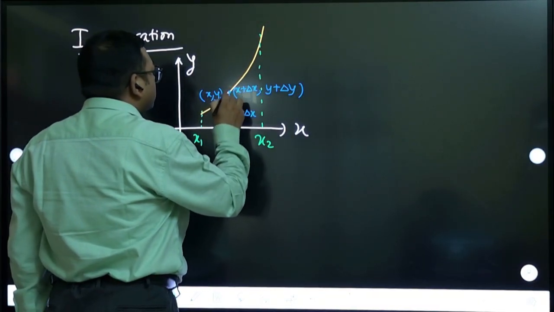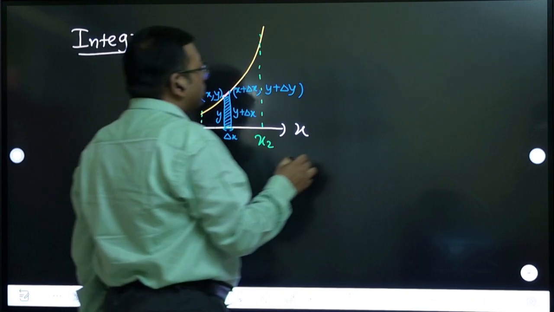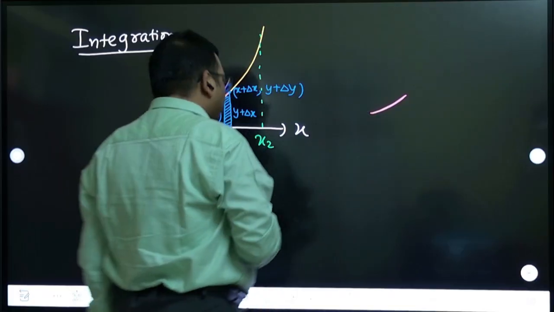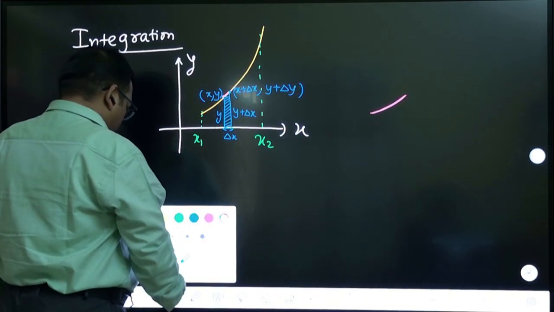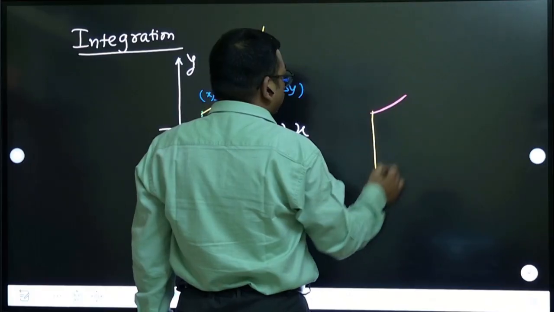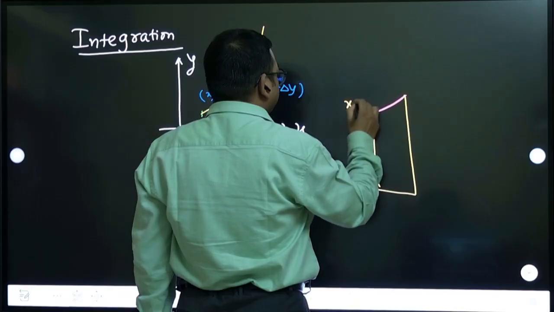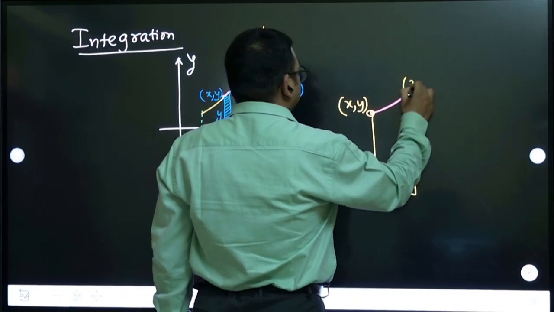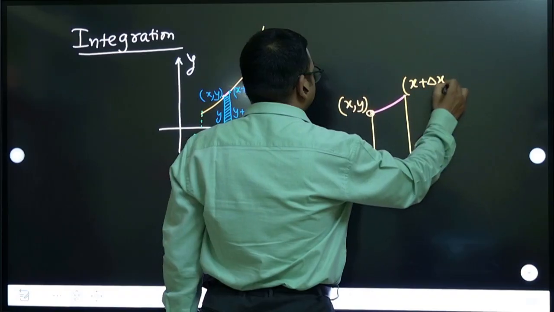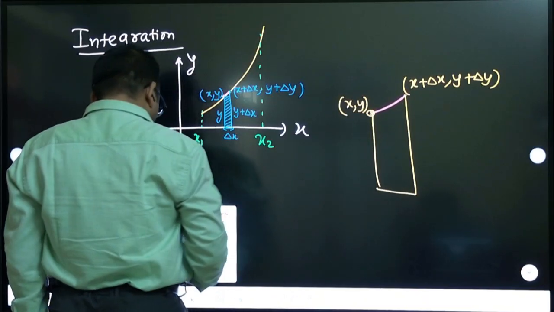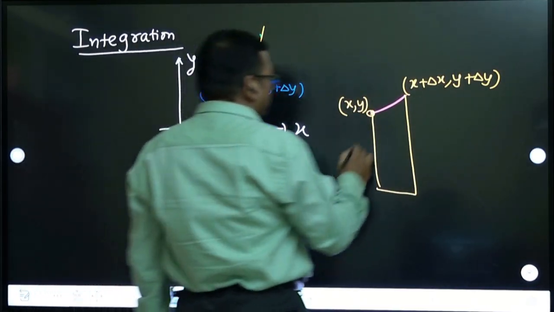This is a small area, a small line on the graph. The graph is very big, but this is a small line, and we are trying to calculate the area below this limit.